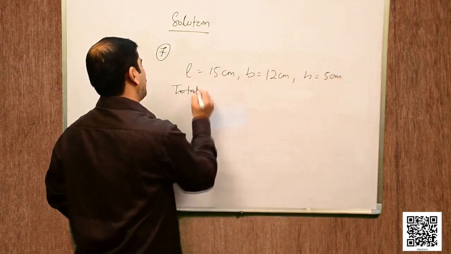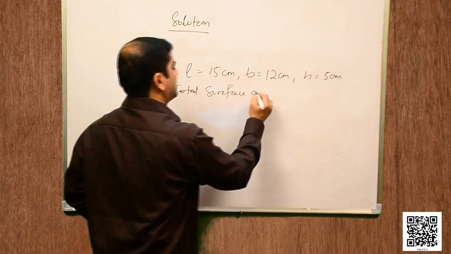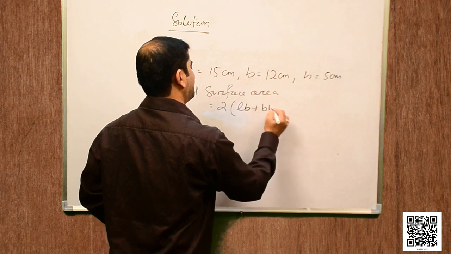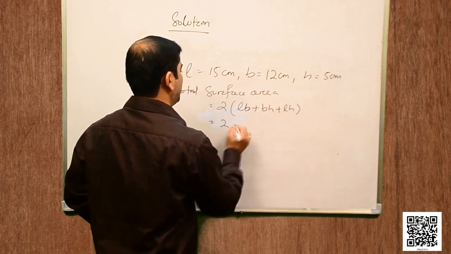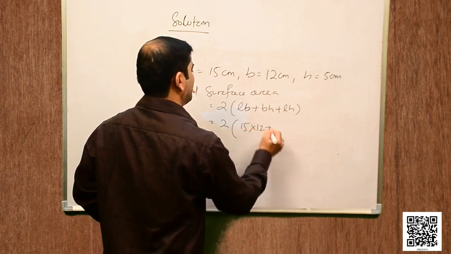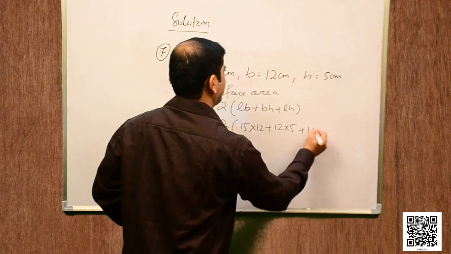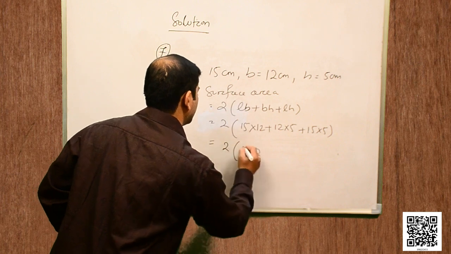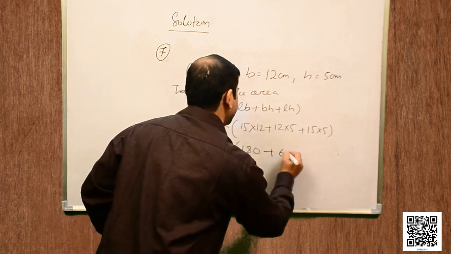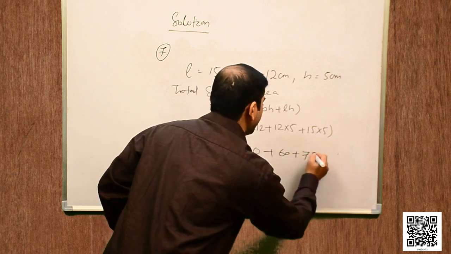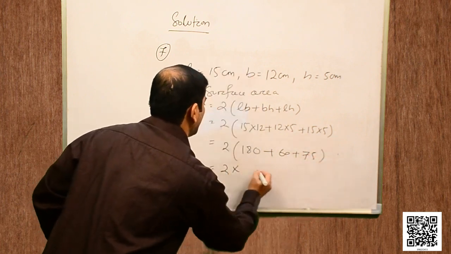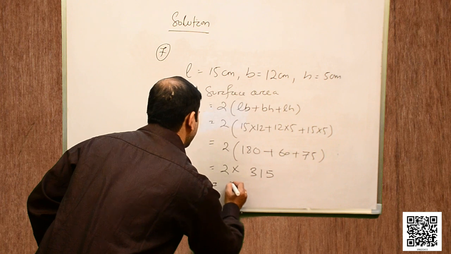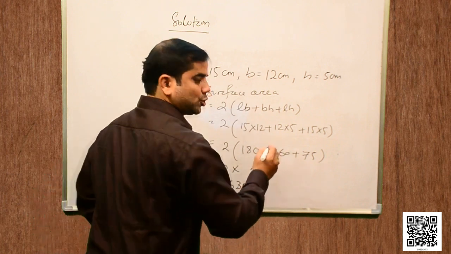So, total surface area is equal to 2 into (LB plus BH plus LH), that is 2 into (15 into 12 plus 12 into 5 plus 15 into 5), that is 2 into (180 plus 60 plus 75), that is equal to 2 into 315 or that is 630 centimeter square.